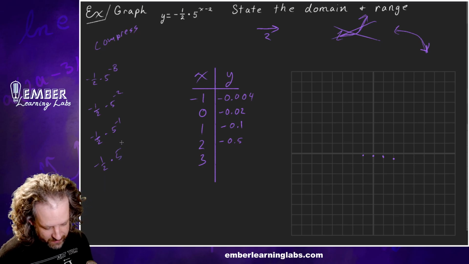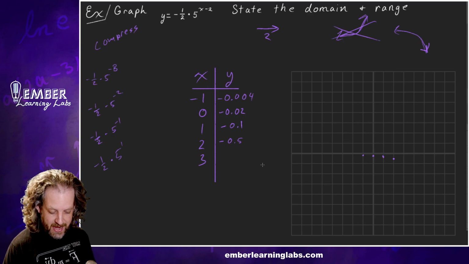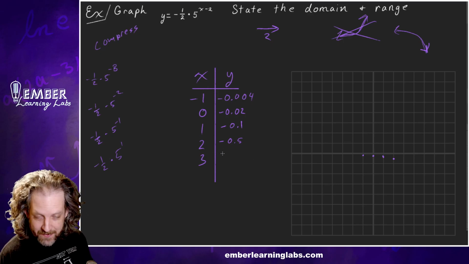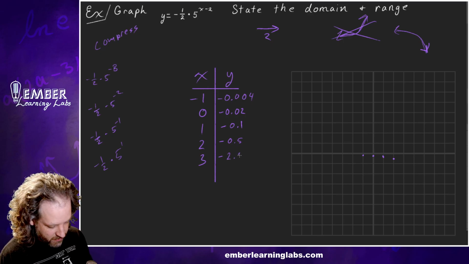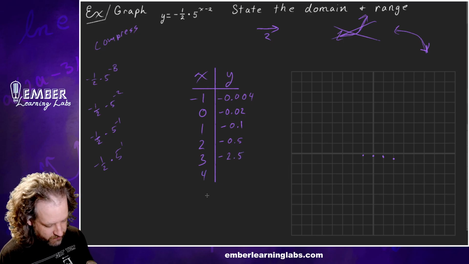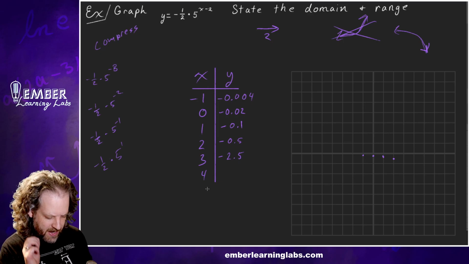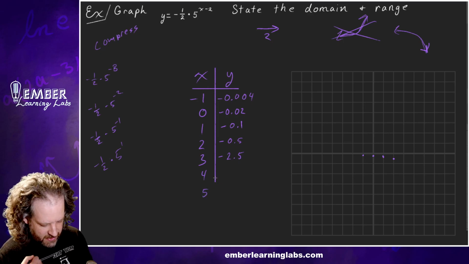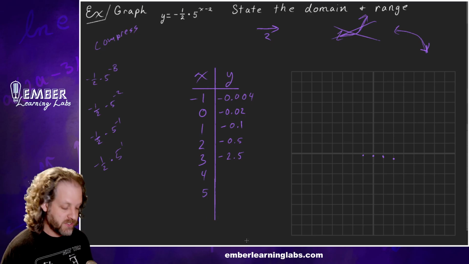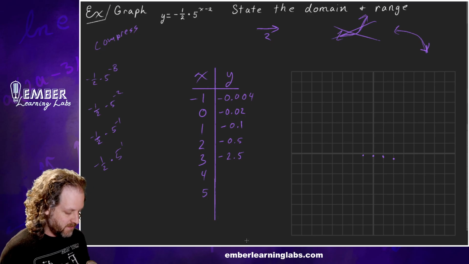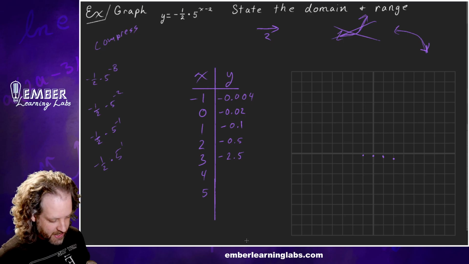So 5 to the first. So 5 times 1/2, negative half of 5. So negative 2.5. Let's do 4 as well. We might even do 5 just to get a better picture, because it's going to go down slower because of that compression.